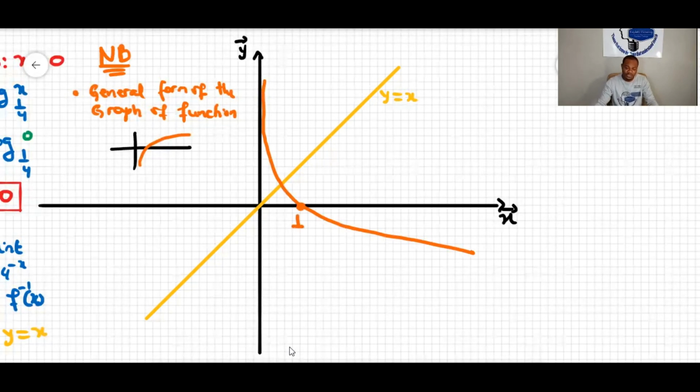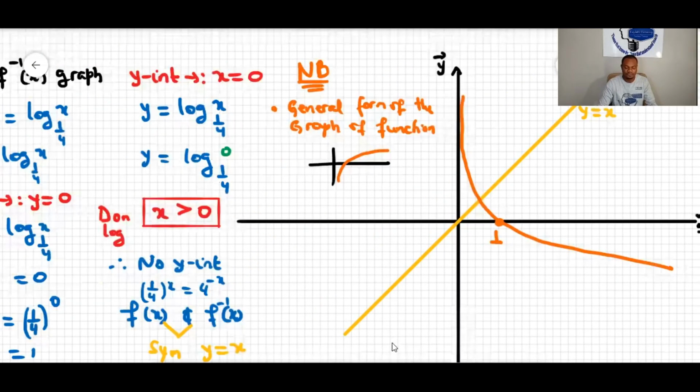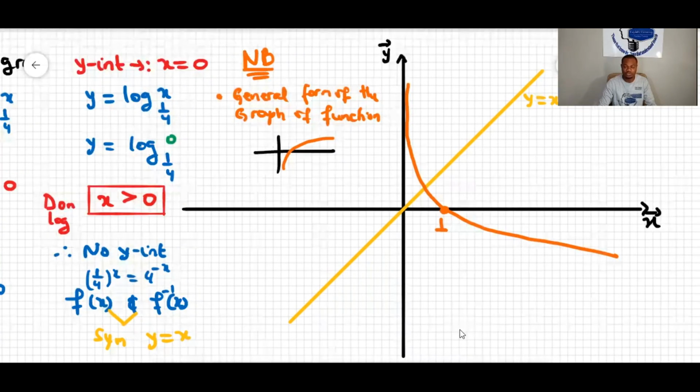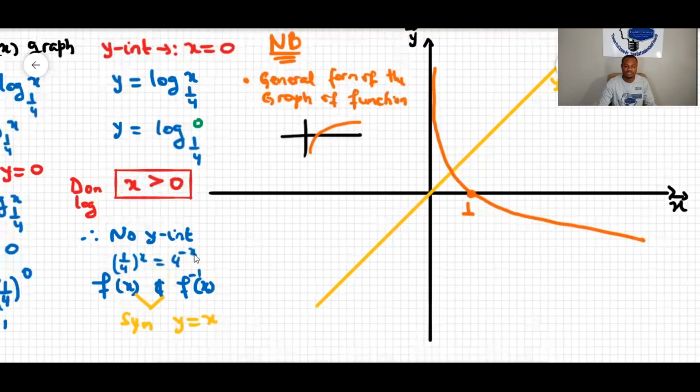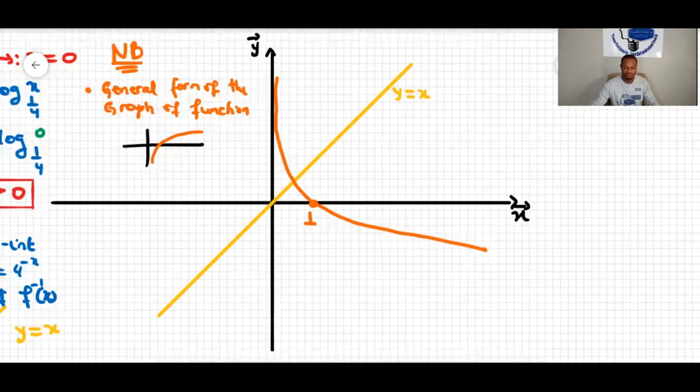Or maybe if you want to make sure, you can also do that by first finding the graph of f of x, which was 4 to the negative x. We do know that an exponential function with a negative exponent, like negative x, decreases. Okay, so we can draw this graph. We can start by drawing it like that, decreasing, and it passes through 1 and goes like this.